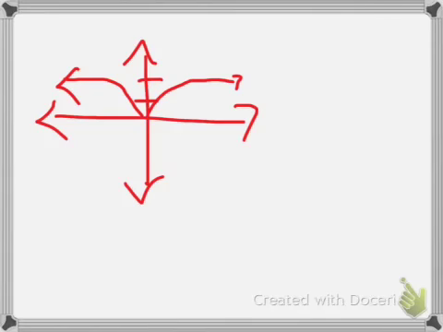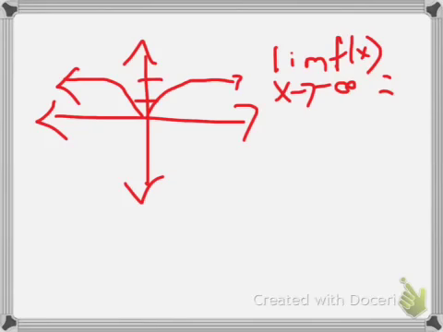And say we want to know the limit of f of x, our function, as x approaches negative infinity. Well, if you look, as x approaches negative infinity, and I made this a little high, but let's assume that it never touches 2. It's approaching 2, so the limit would be 2. Those are a couple of scenarios that we need to think about.